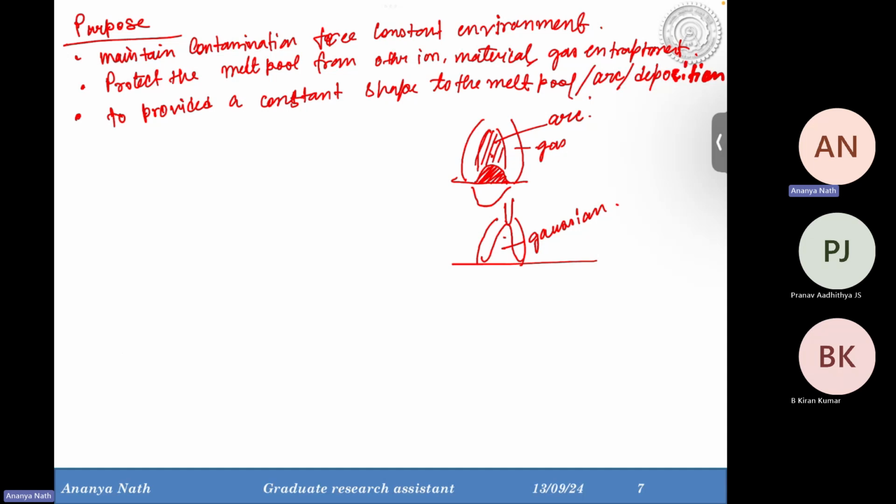But again, do you feel that the gas flow rate will be very, very high or just high? What will be your answer? And if not, then why? My question is, can we increase the gas flow rate according to our choice, or will it have any effect on the melt pool?